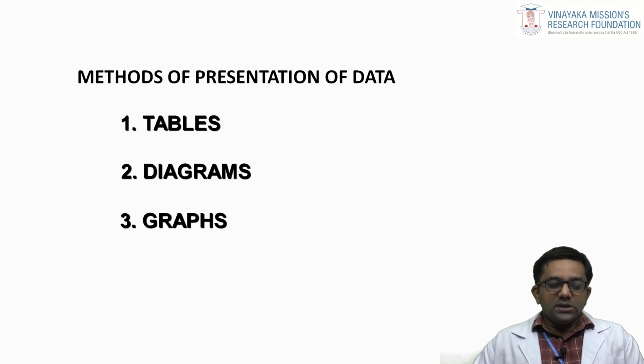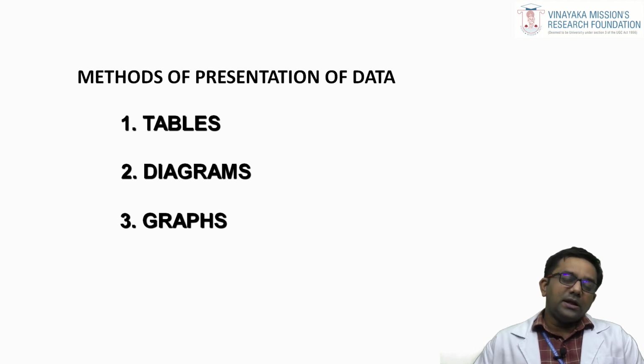Okay. Now we will see what is presentation of data. Once the data is collected, the information has to be presented in a logical manner for better understanding of the participants. So, that is why we go for presentation of data. The data can be presented as tables, diagrams, or graphs.